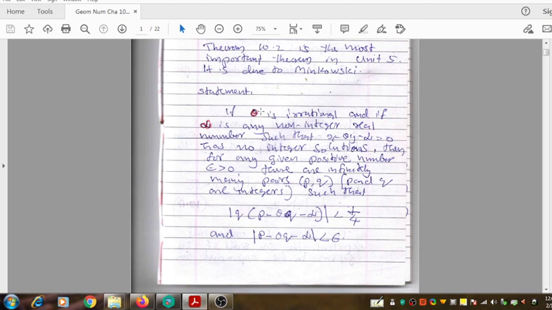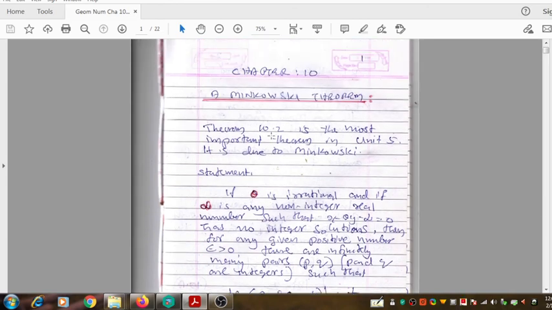So here theta is the irrational number, and using P and Q, we will find a rational number approximation to the irrational number theta. This is the aim of the theorem.